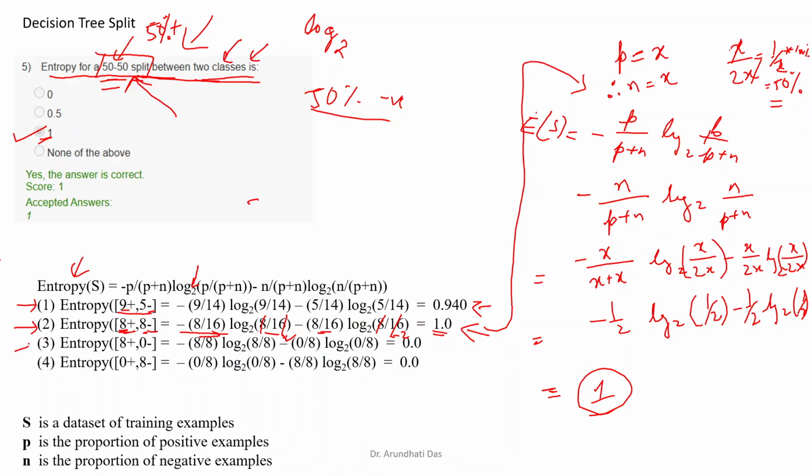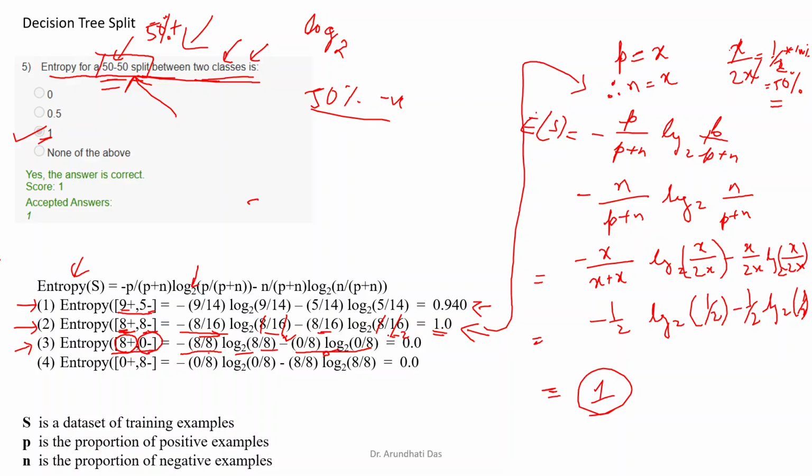However, one more important question you can note: if all the samples are positive, 8 positive and 0 negative, whatever is given in the data set, out of the two classes positive and negative, all the samples are positive and 0 samples are negative. So in that case, what is the value? 8 by 8 plus 0, log of 8 by 8, and the rest of the terms will be 0, because 0 is multiplied with the entire term.